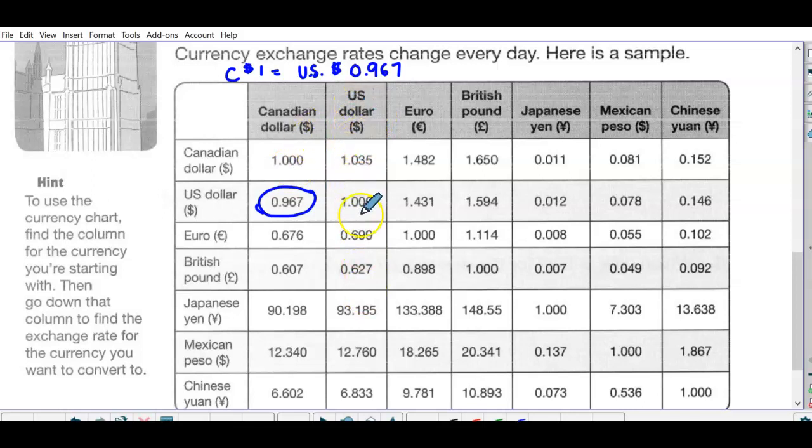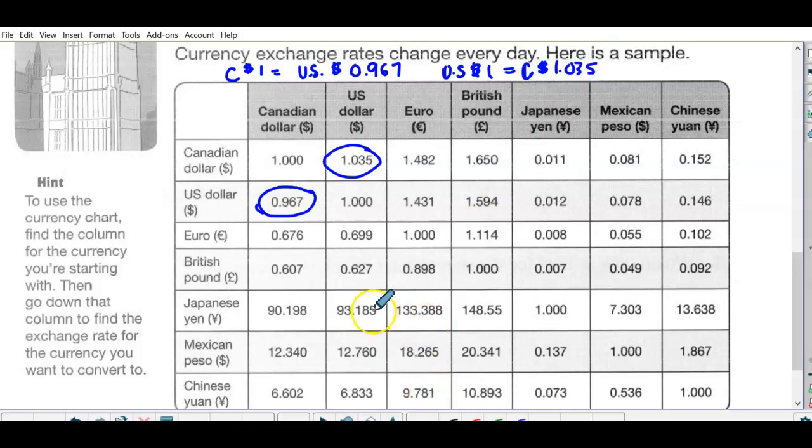You always want to start from the column. So this number here would be 1 US dollar equals 1.035 Canadian dollars.